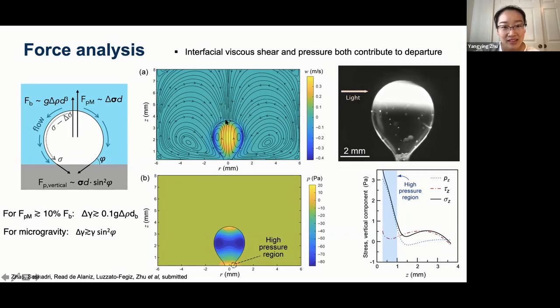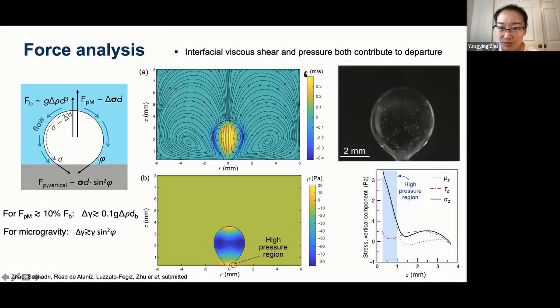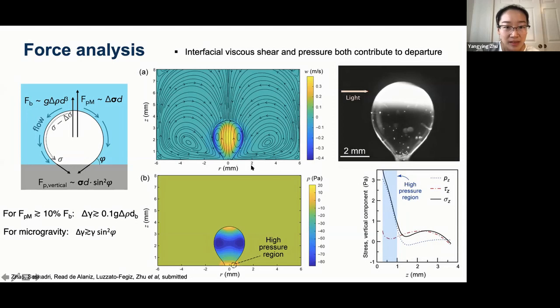When we turn the light on at the top side of the droplet, you can see the velocity distribution inside and outside the droplet. You can see the streamlines. You indeed introduce these interfacial flows from the low surface tension to the high surface tension region of the droplet.